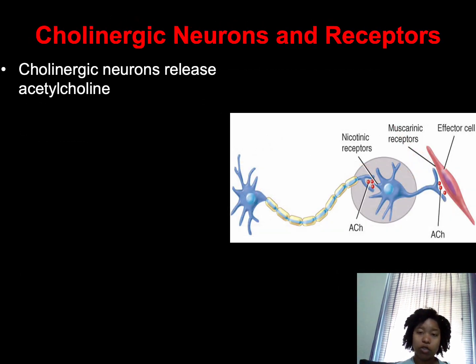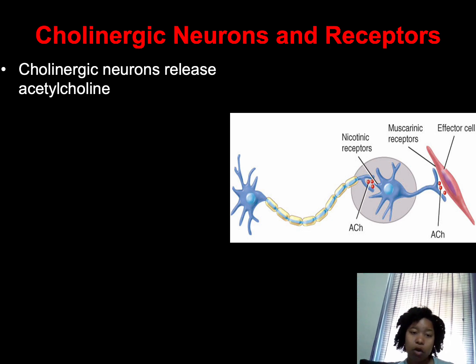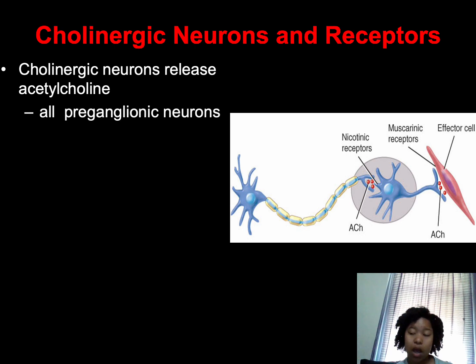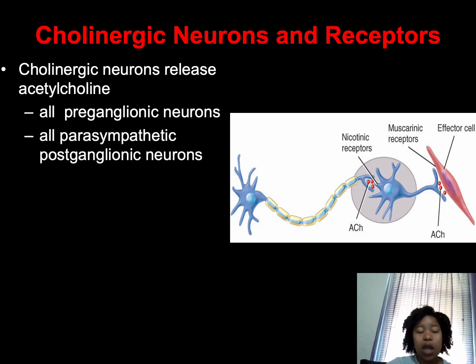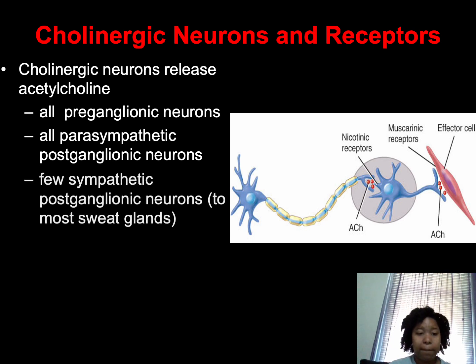So as far as cholinergic neurons and receptors, cholinergic neurons will release acetylcholine. So what are the ones that do that? That is all preganglionic neurons, as well as all parasympathetic postganglionic neurons.